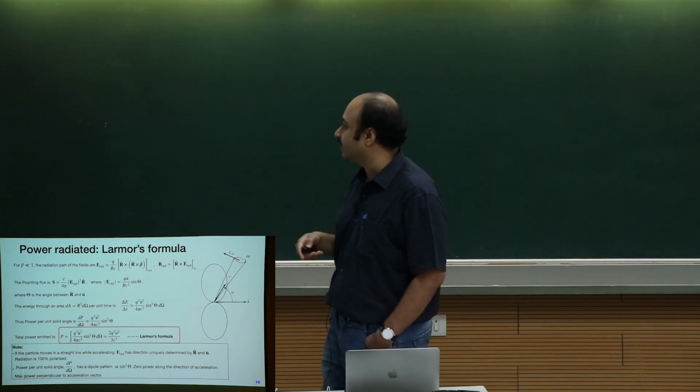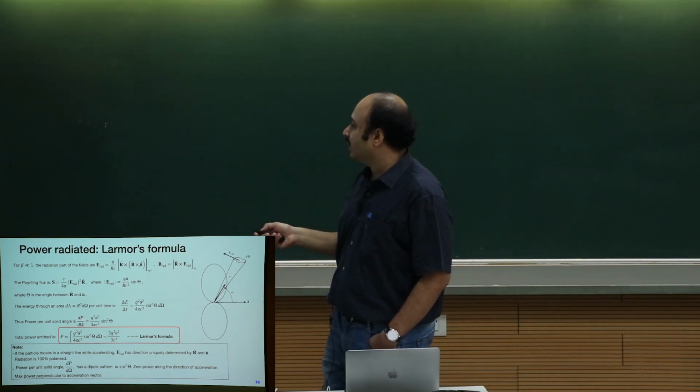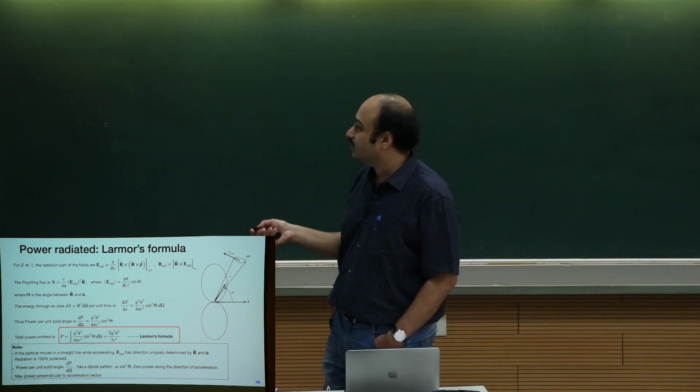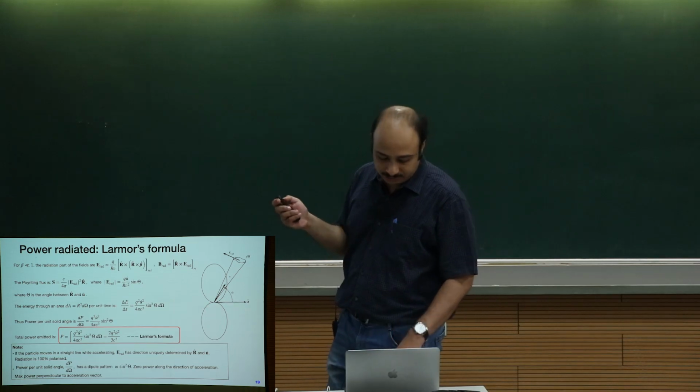I'll show you in the next slide. So two key takeaway things. One is Larmor's formula, which is 2q squared u-dot squared by 3c cubed, which tells you that if you know the magnitude of the acceleration, you can compute the total power being emitted. And the other point is this dipole pattern of the power being radiated, power per unit solid angle, dP d omega.